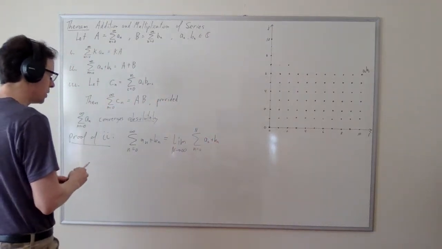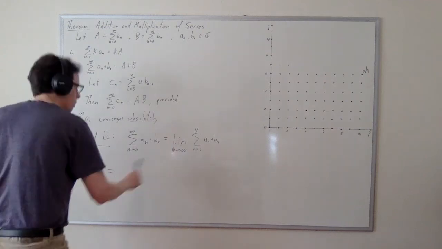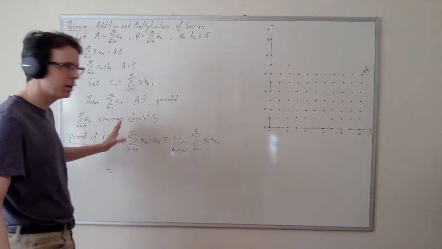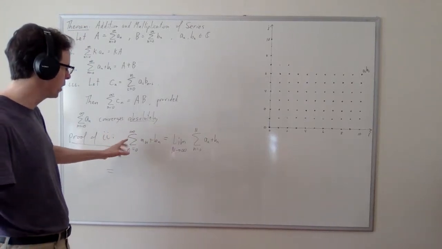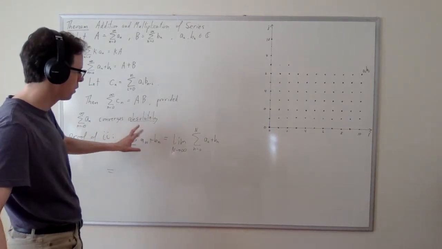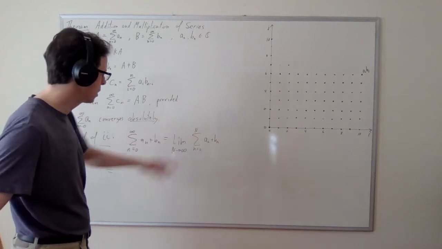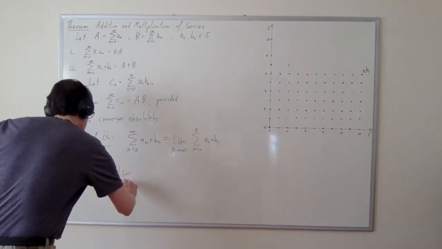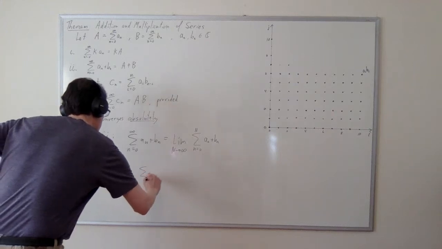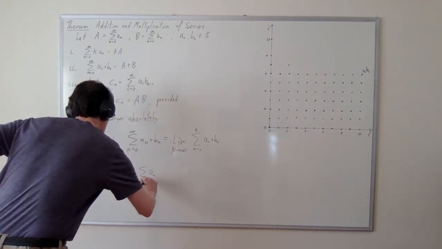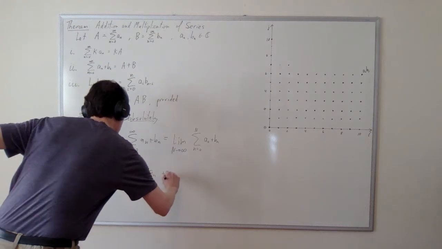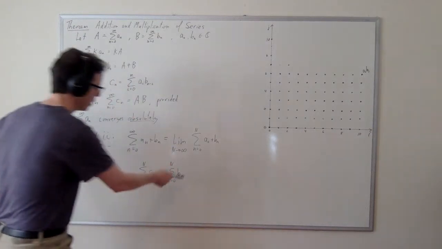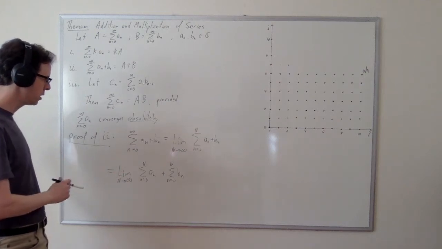Now, this finite summation can be reordered as much as we like, right? Infinite summations can be reordered, but that's a somewhat dangerous operation, and we have to always be careful of the right hypotheses. Finite sums can be reordered as much as we like. So that means that we can rearrange that finite sum and make it the sum of two finite sums, namely this one and this one, the two partial sums of the A series and the B series.